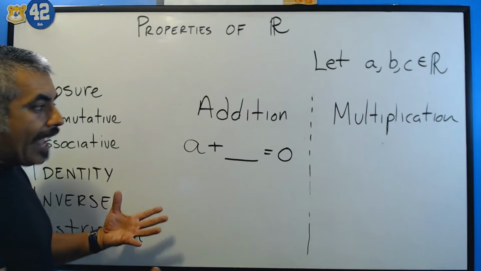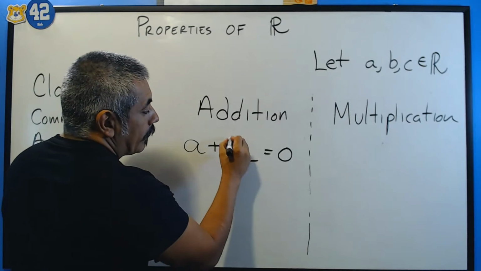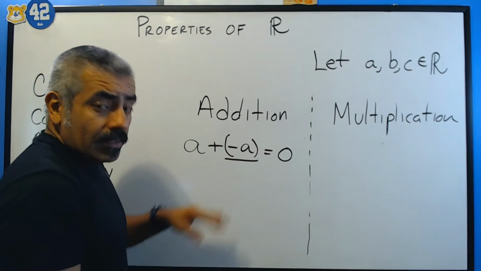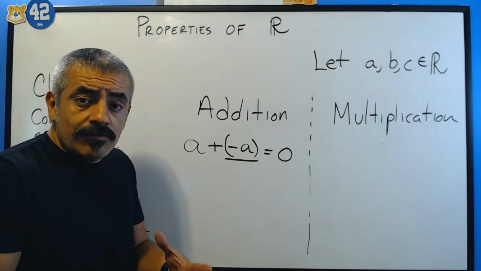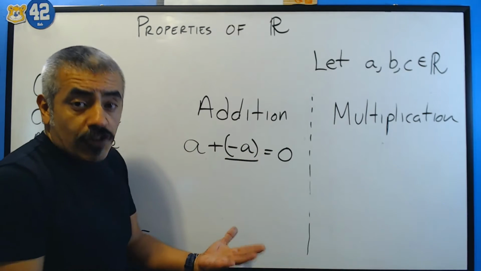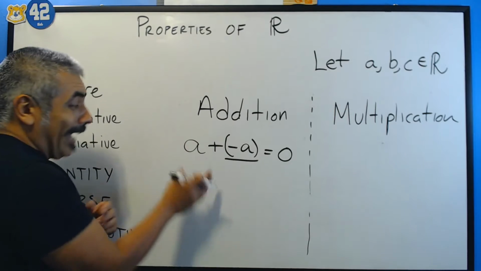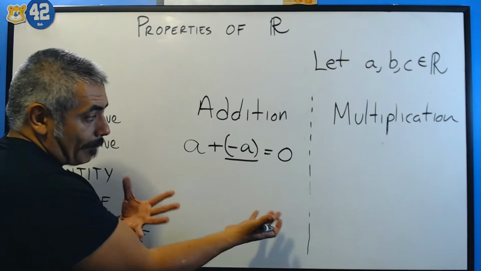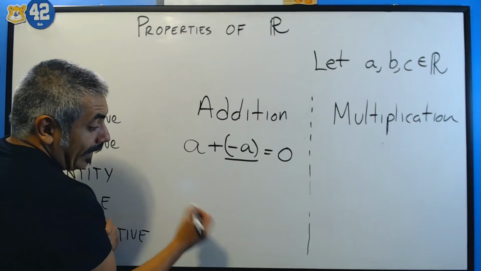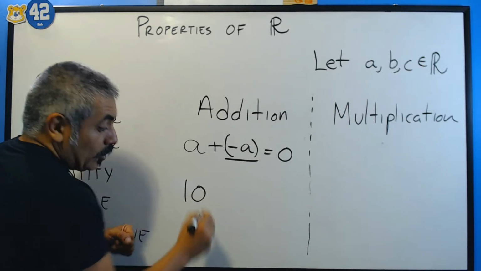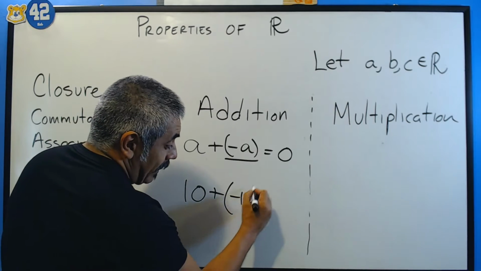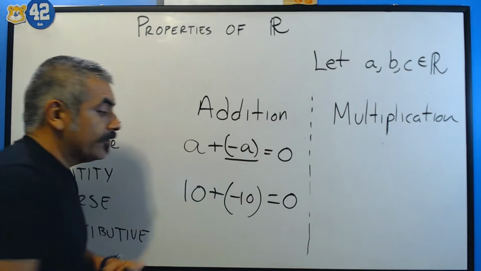And what it's saying is that we usually call this number negative a. This is the same thing as subtraction, but in addition form. And so now you can see where subtraction comes from. It comes from the fact that every real number has an opposite number to it. And we call these opposite numbers or negative numbers. If you know that there's a 10, you know for a fact that there exists some number negative 10, that when you add those two together, you're going to get 0.